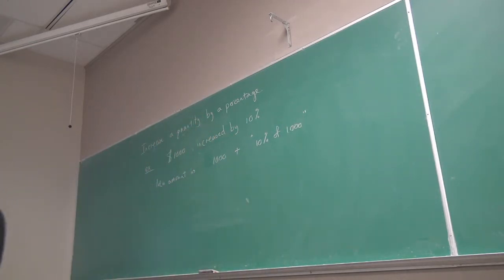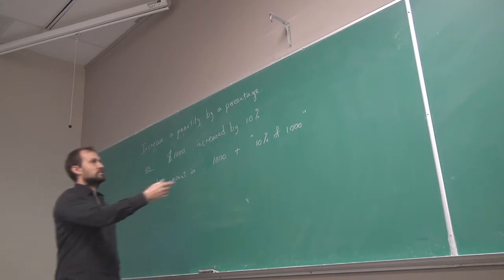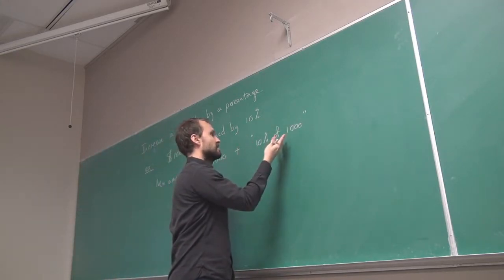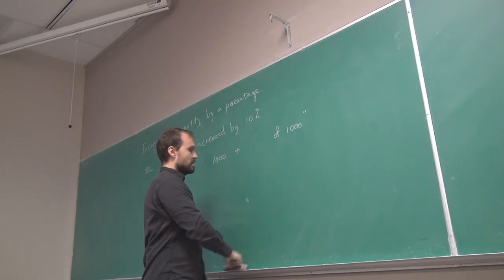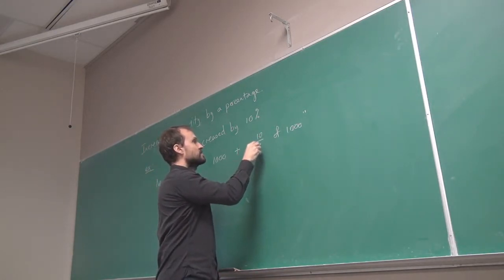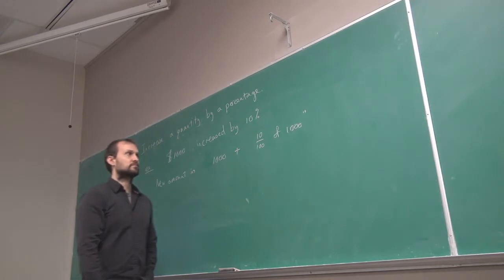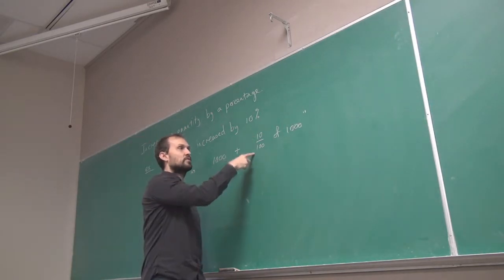Because when I'm increasing my amount by a percentage, I have the original and I get a little extra. Now, this is in quotation marks because it's not a calculation, but I can convert it to one by saying the fraction version of the percentage, which is the percentage value over 100.